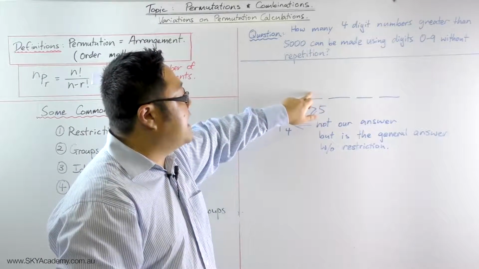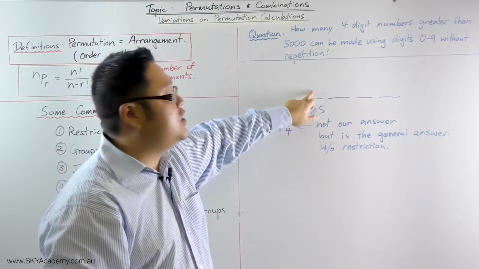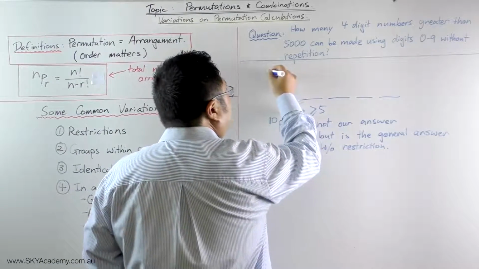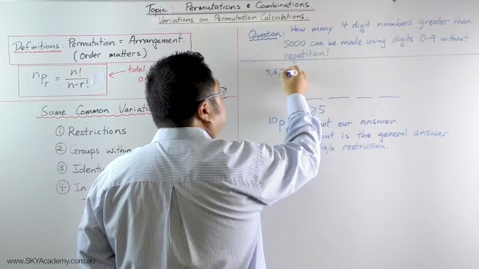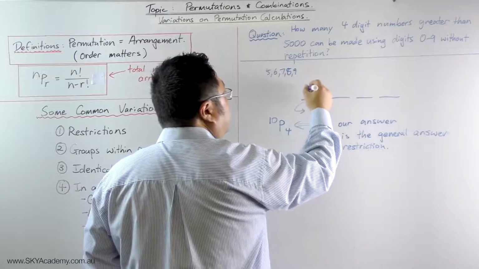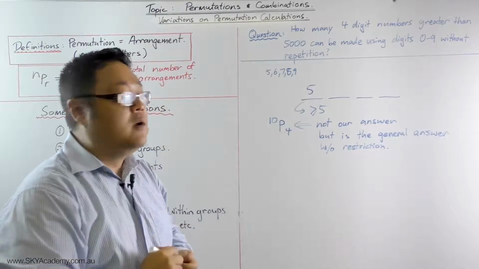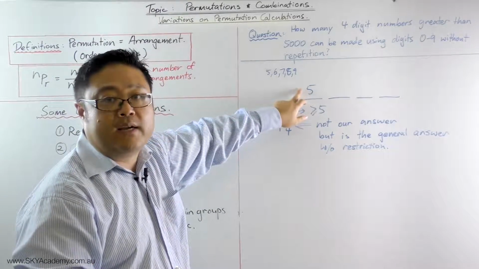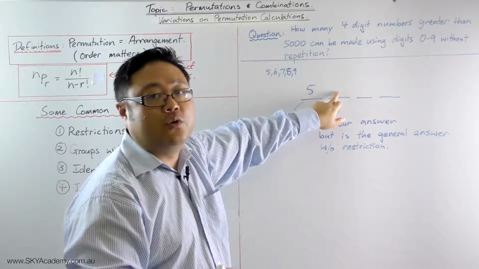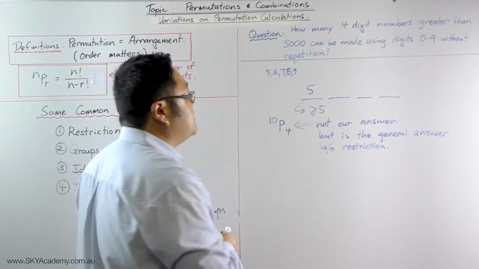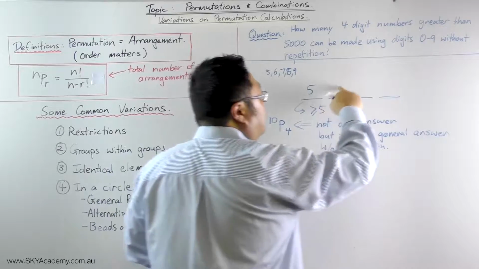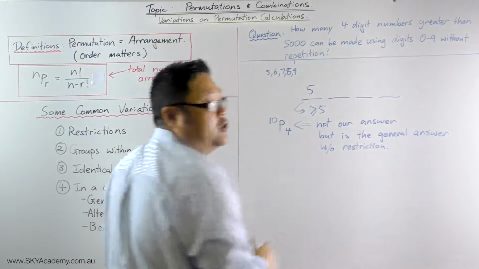So how many digits can we put in position 1? Well, we can put 5, 6, 7, 8, and 9. 1, 2, 3, 4, 5. So we can put 5 choices in position 1. How many choices are there left to put in position 2? Well, in position 2 now we've got 1 less number than the 10 that we have to choose from.